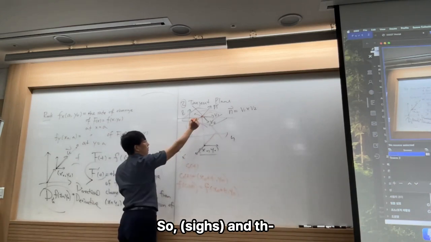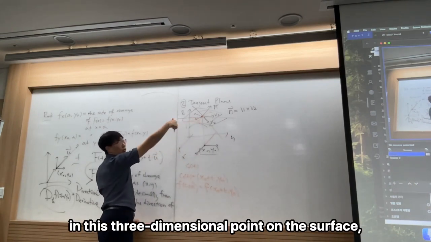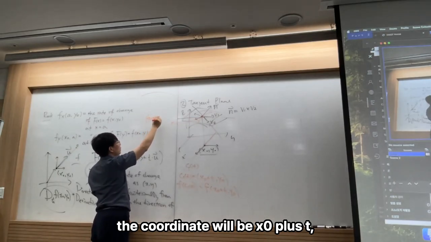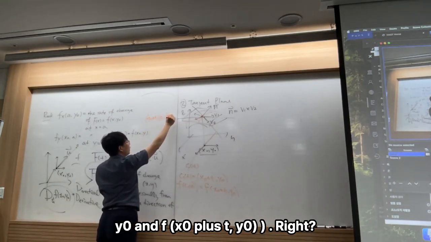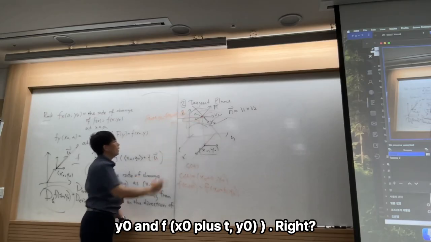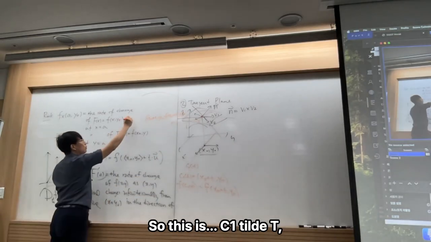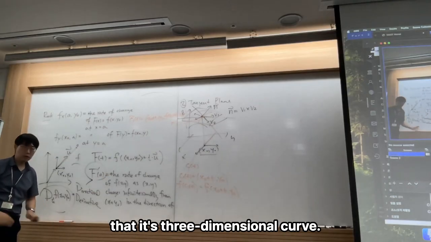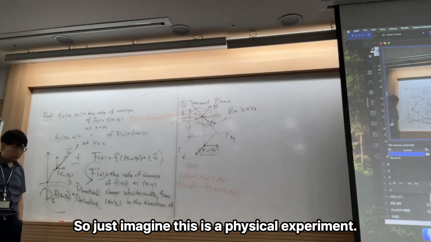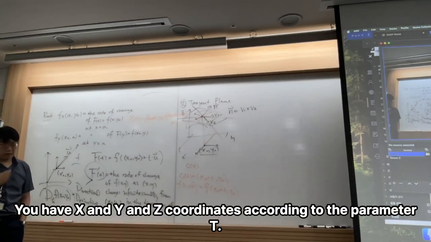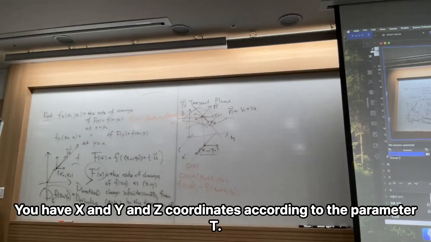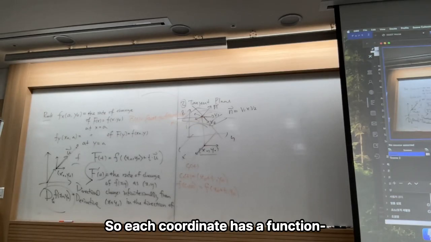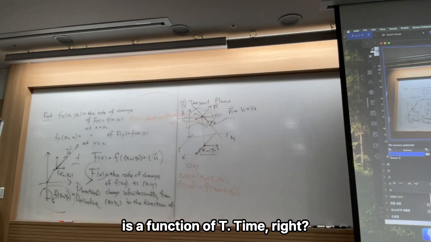So the three-dimensional point on the surface has coordinates x0 plus t, y0, and f(x0 plus t, y0), right? This is C1 tilde (t), with the tilde to distinguish that it's a three-dimensional curve. Just imagine this is a physical experiment. You have x, y, and z coordinates according to the parameter t. I want the speed. Each coordinate is a function of t, time, right?